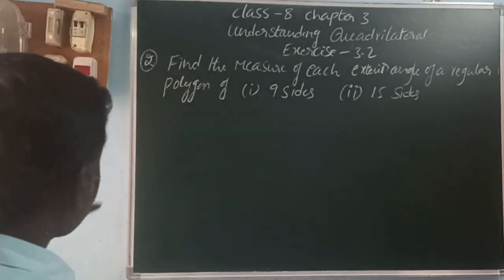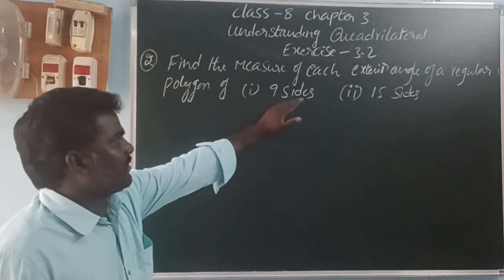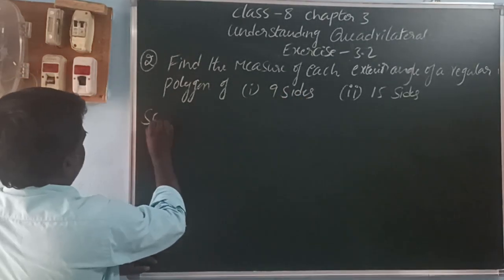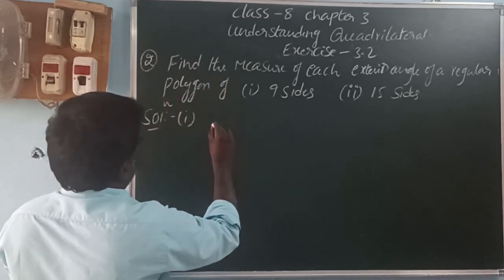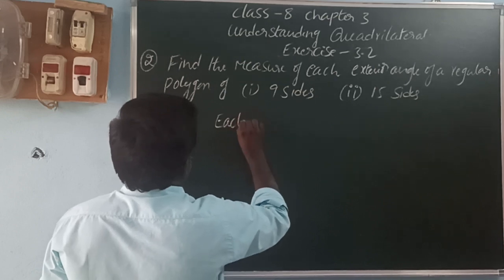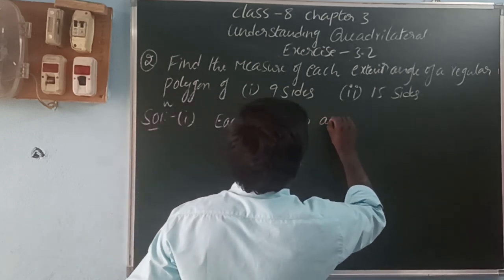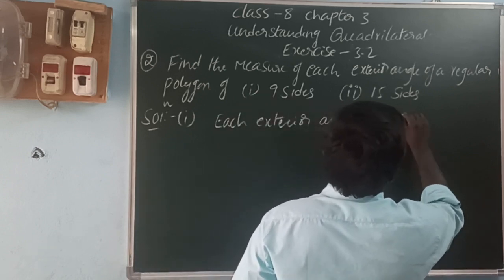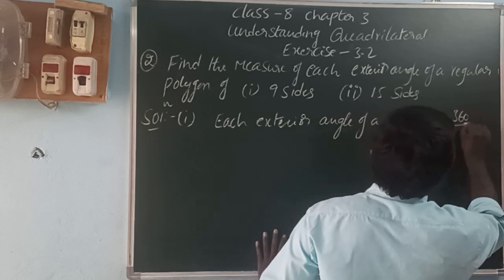Second one: find the measure of each exterior angle of a regular polygon having 9 sides and 15 sides. First one, we know that each exterior angle of a polygon is 360 by n.